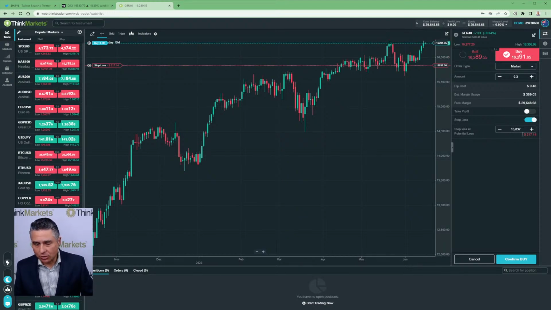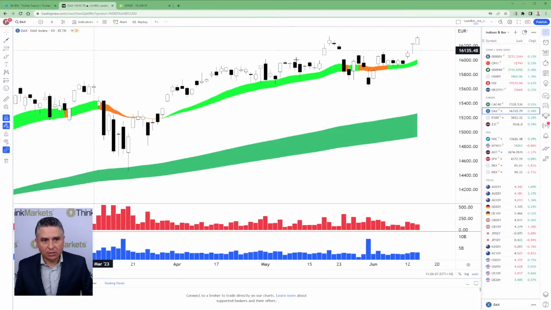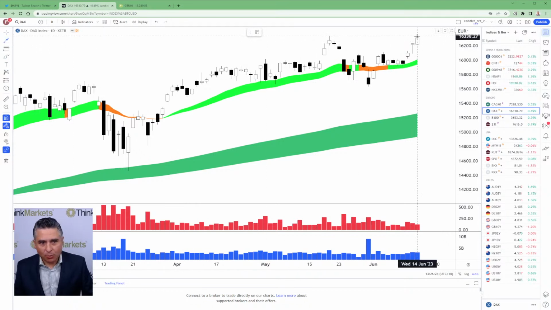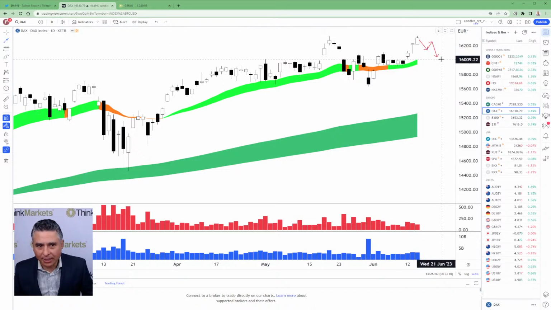Just because it says 217 doesn't mean that we are destined to lose $217, because we have a methodology. Even if today it never traded higher, and what we saw was the DAX do something like this, right? Just think in your mind's eye, how many times have you seen something like that? Well, we'd be looking to get out.